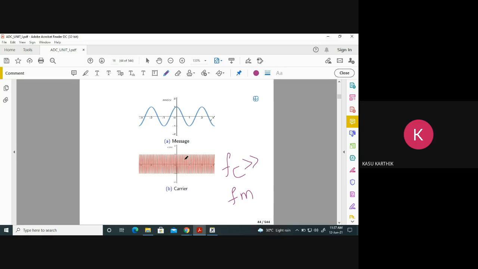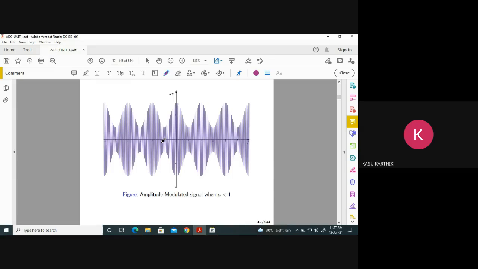That's why this signal has more frequency than that one, and that's why it's called the carrier and this one the message signal. This is the waveform of the AM signal when mu is less than 1. If you draw it, you will get it like this.